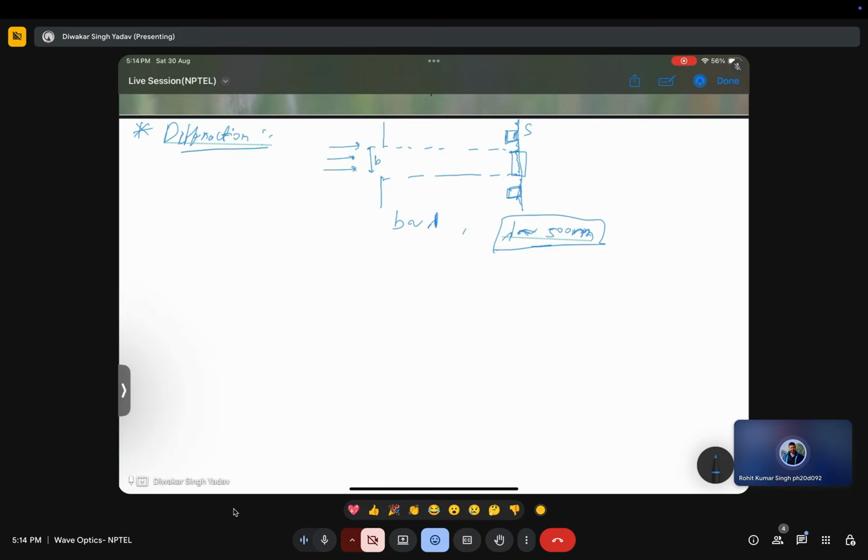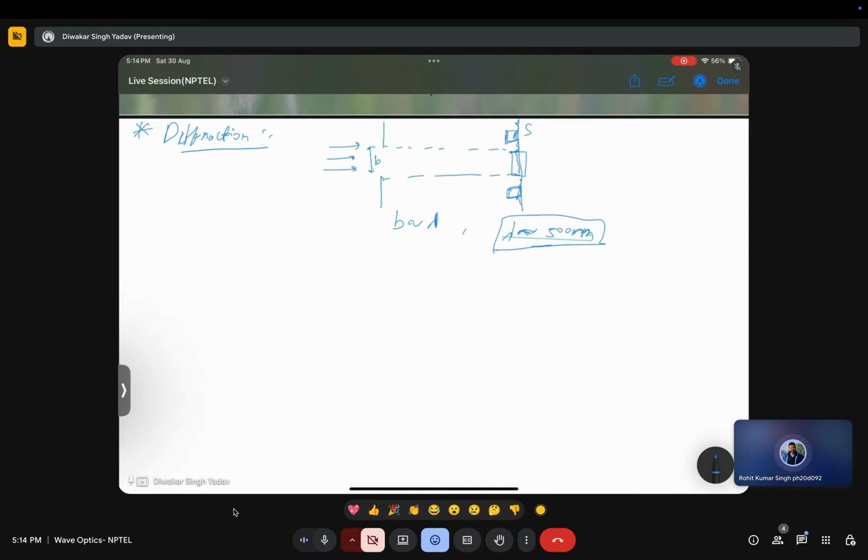But in a laboratory we can see this and measure this. So this is what diffraction means.